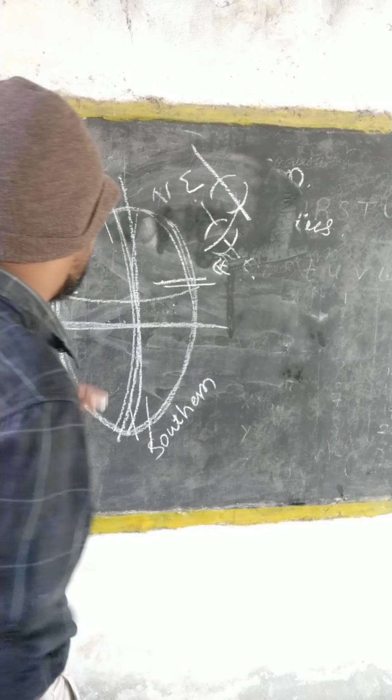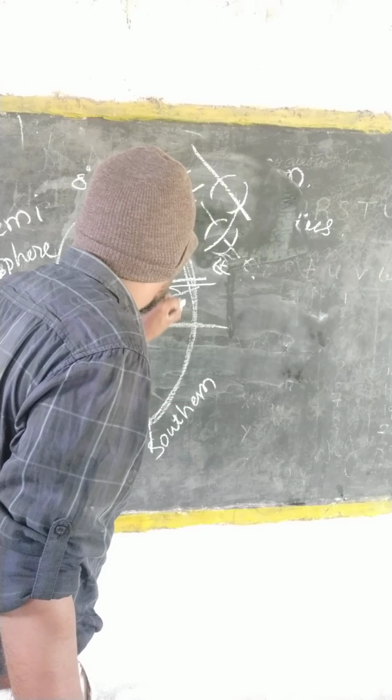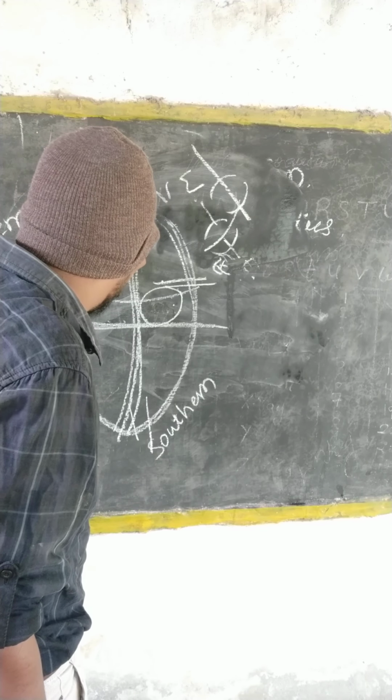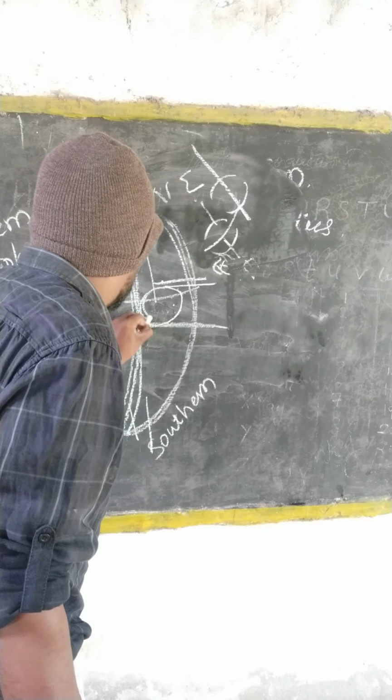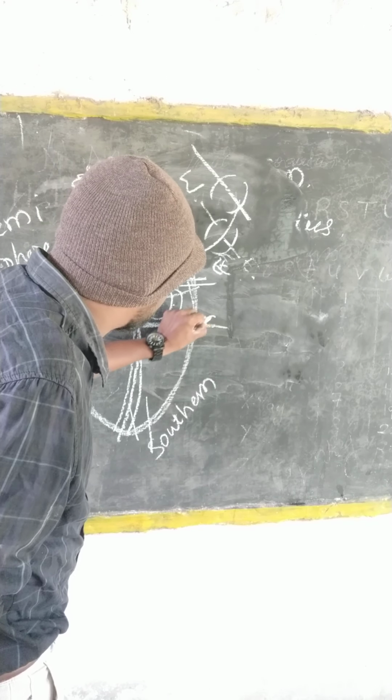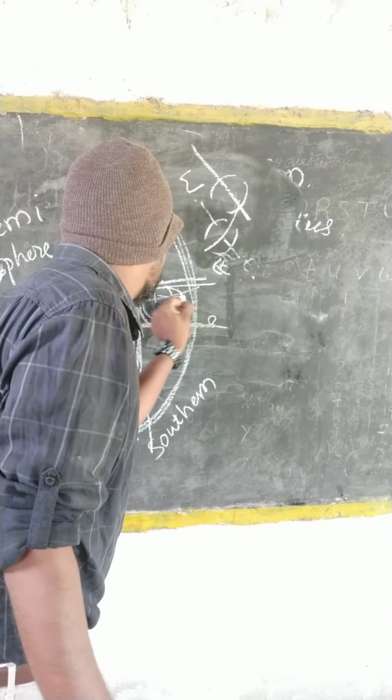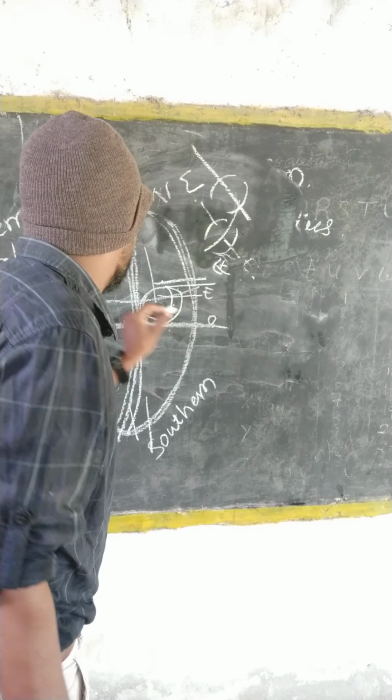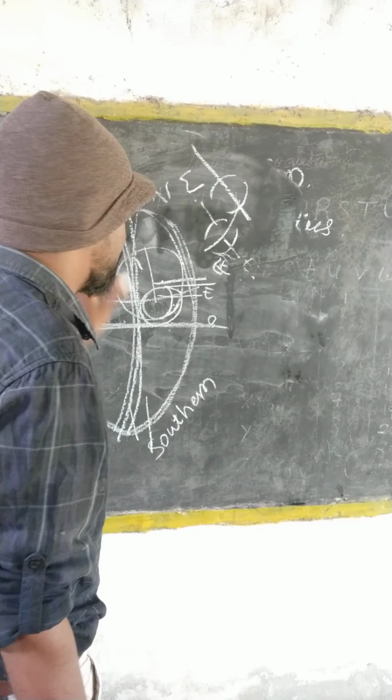So one thing we observed is that India is located in the Asian continent, exactly above the equator, towards the east side and in the northern hemisphere. That is why it is northeast.